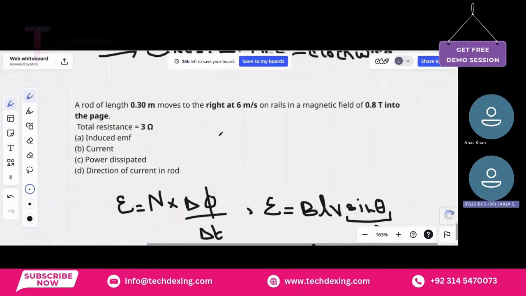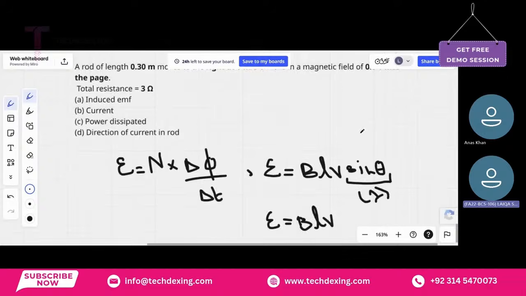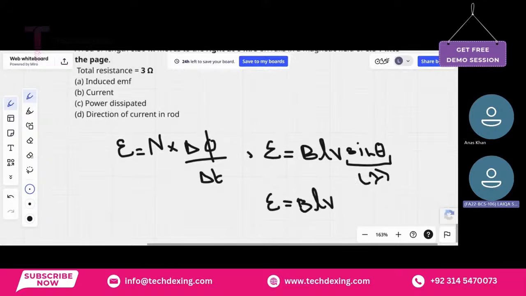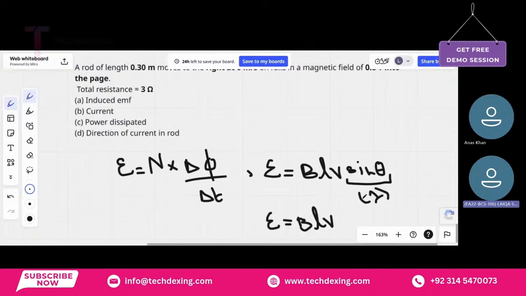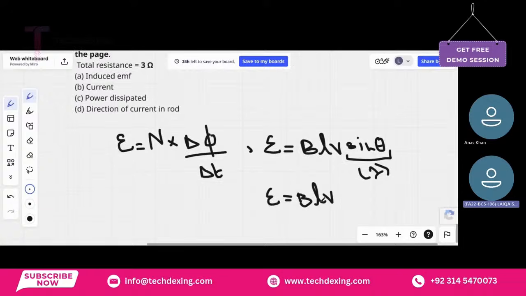Sometimes you may not be given the theta directly as 0 degree or 90 degree, but it may be written in the form of a word, like they are perpendicular to each other or parallel to each other. In that case, you have to consider theta as 90 degree or 0 degree accordingly. But where you are not given anything related to the theta or the orientation, you simply consider sine theta as 1 so that we can get the maximum EMF. So the formula becomes epsilon equals BLV.